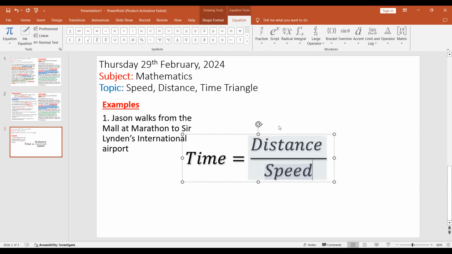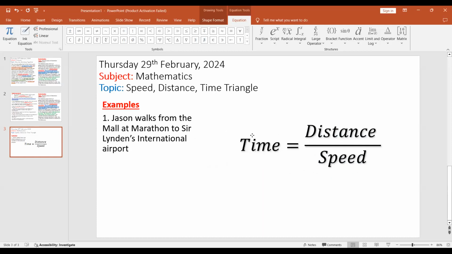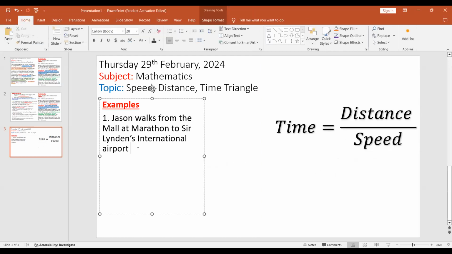So he walks from the mall to Salinas International Airport with an average speed of 3 miles per hour.